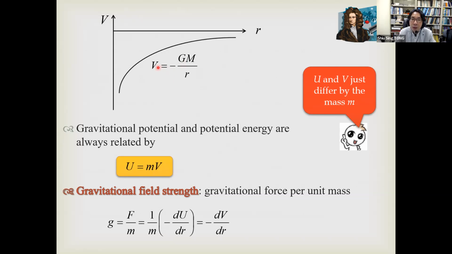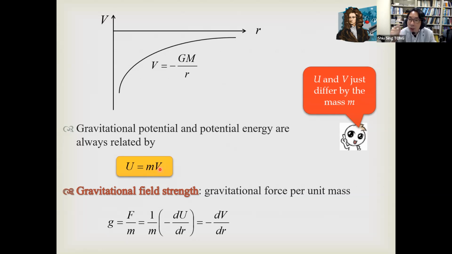If I calculate the work done for a body of mass m, the value will be the gravitational potential energy, U, that we learned in chapter 5. So in summary, the gravitational potential energy and the gravitational potential differ just by the factor of small m. For a body of mass m, the gravitational potential energy is m multiplied by the gravitational potential V.